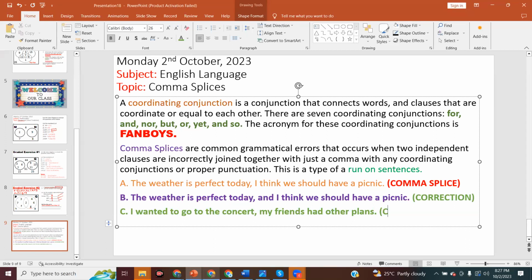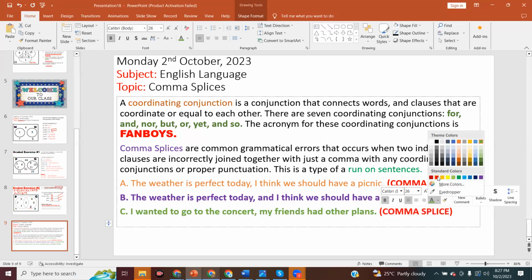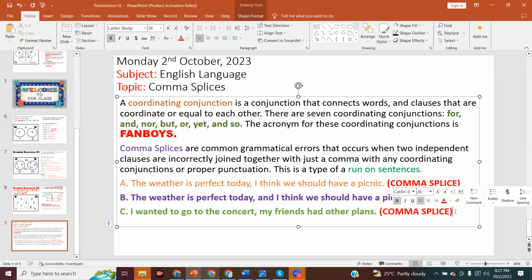Very good. So what do we call this? A comma splice. Why? Because we have two independent clauses, but no coordinating conjunction to bring them together.